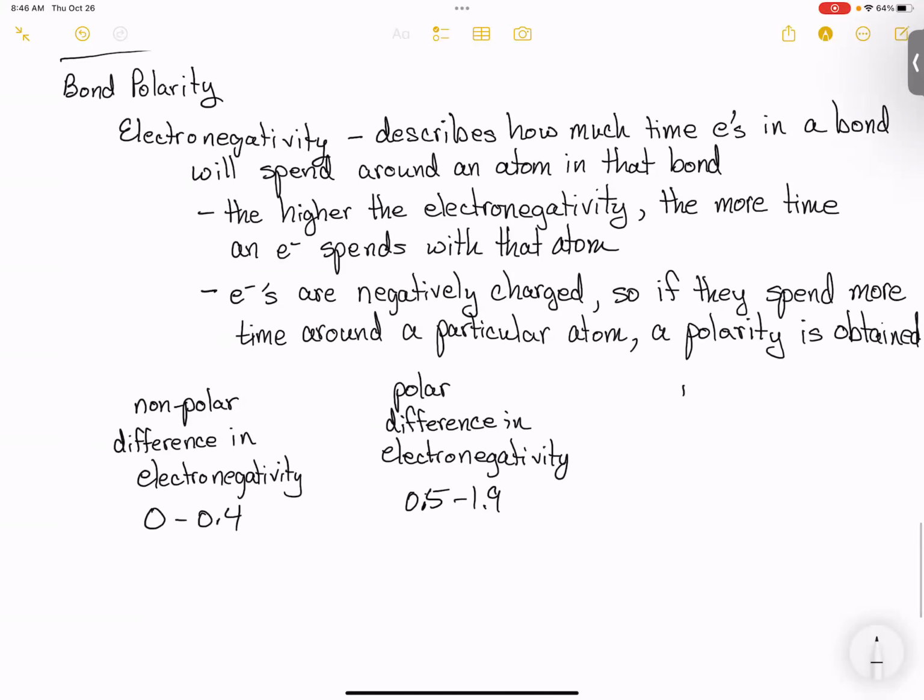And then it is described as ionic when the difference in electronegativity is greater than or equal to 2.